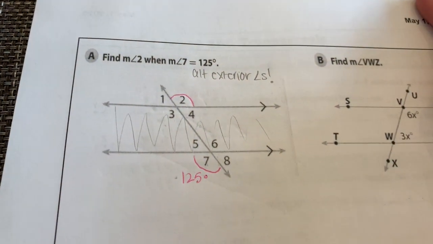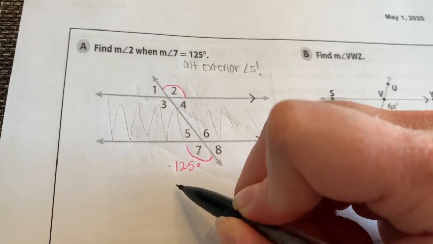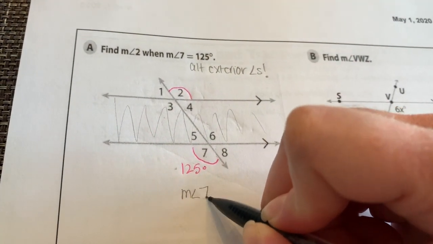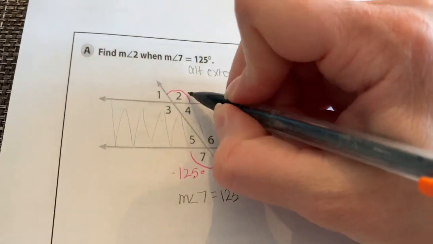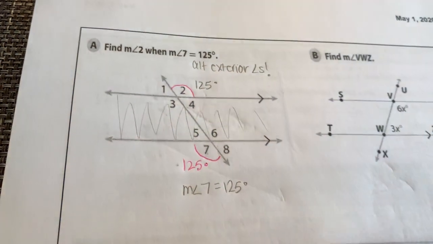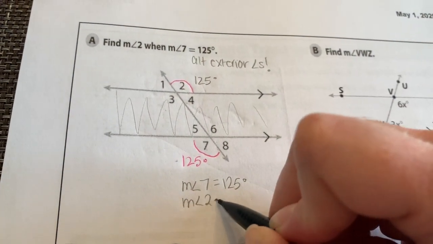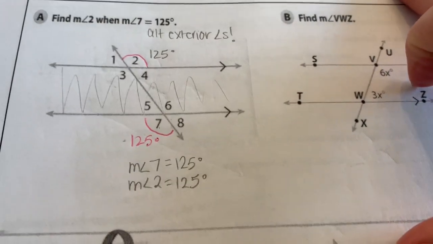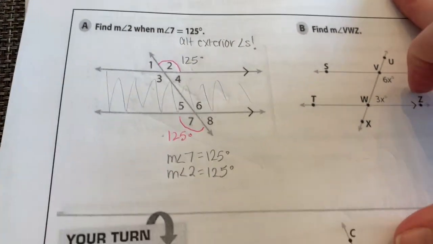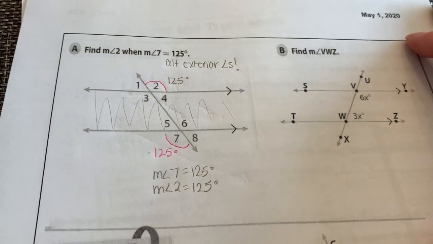Okay, and that means they're equal. So if the measure of angle 7 is 125 degrees, then that means angle 2 is also 125 degrees because they are congruent.